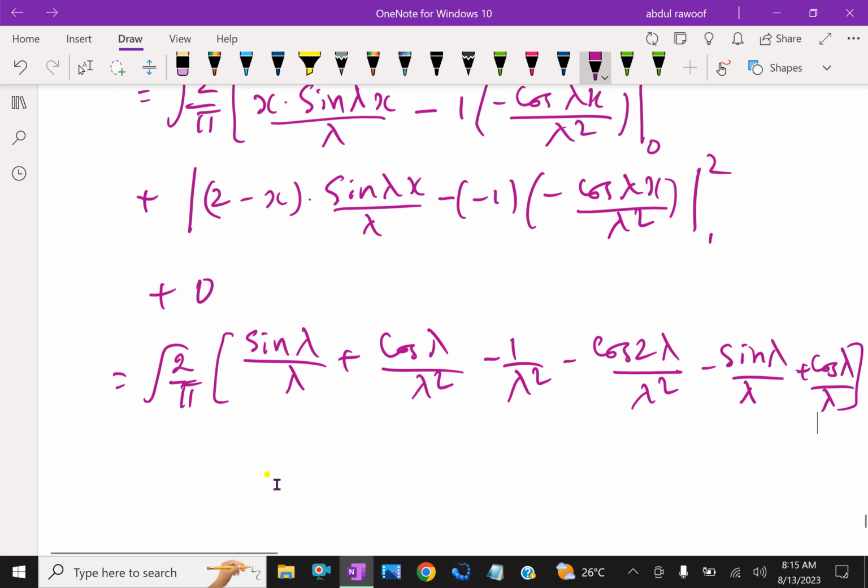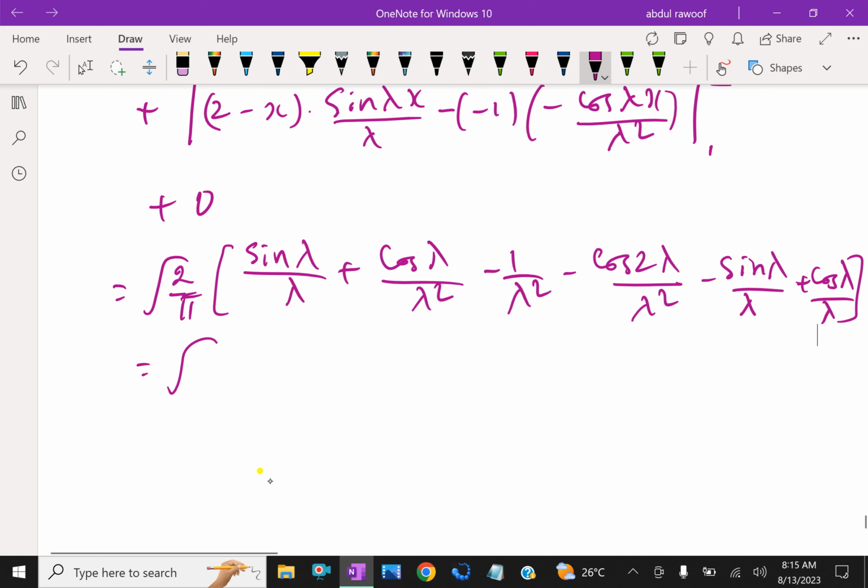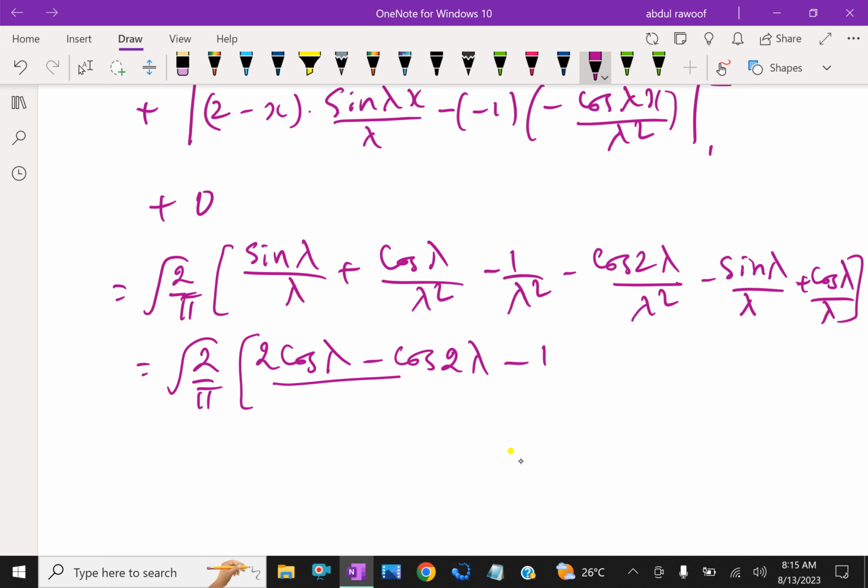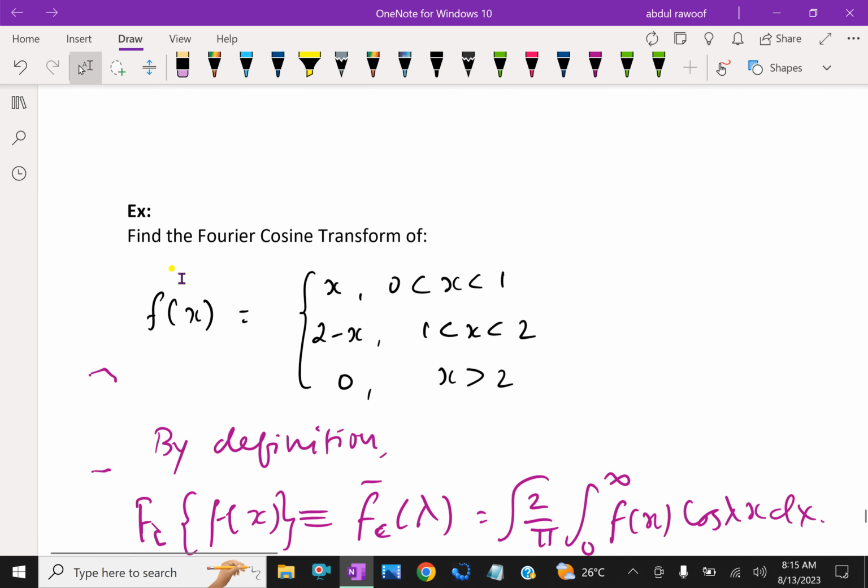Then with final simplification, we have square root of 2 over pi times 2 cos lambda minus cos 2 lambda minus 1 over lambda squared, taking the LCM. So this is the final result for the Fourier cosine transform of this function.